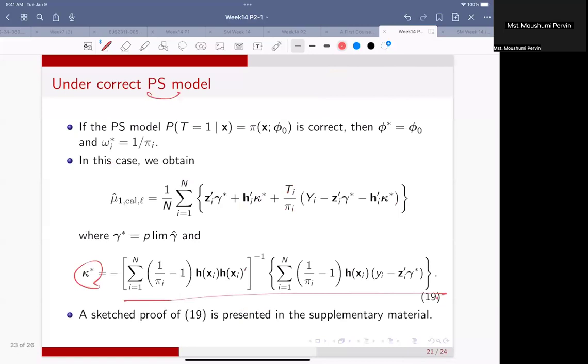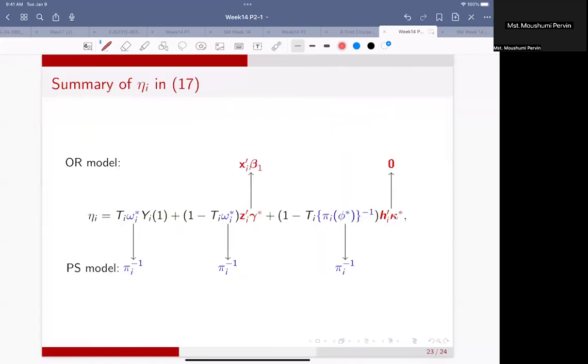And so this is the eta I, the form of the eta I that we already computed. And then if the outcome model is correct, what we know is that this guy will converge to this guy. And this guy will converge to, so this is 0, kappa will be 0 by 18.